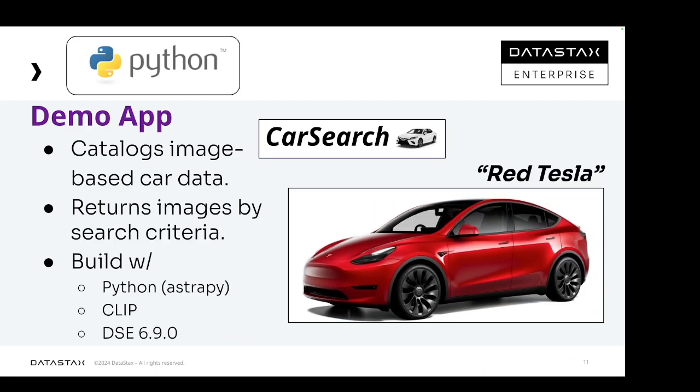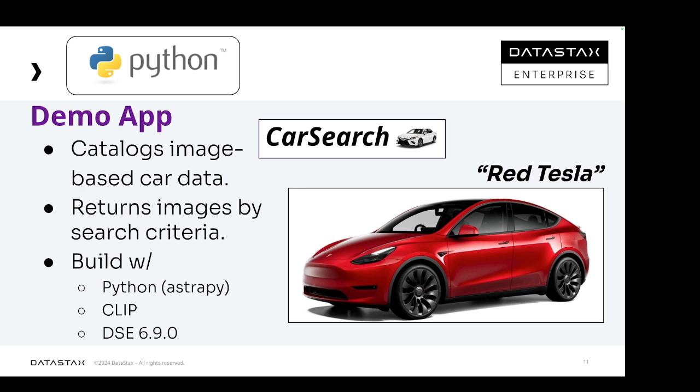So the application we're going to build is one that I've actually done before. And if you've seen anything that we've done with generative AI on AstraDB, you know we've done some things involving RAG and searching by images and searching for images. So back in February, I created this app for a blog post, and it's called the car search app.